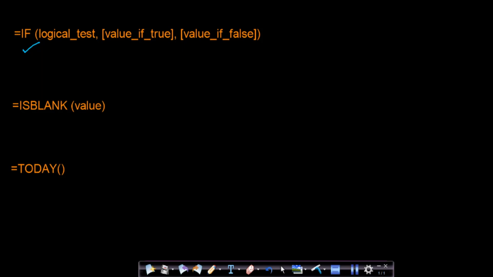The IF condition is asking us for a logical test. You want to perform a test or construct a logic, and you want to see whether that logic or that particular test is true or false. Basically, the output you can expect from this logical test is Boolean, either true or false.